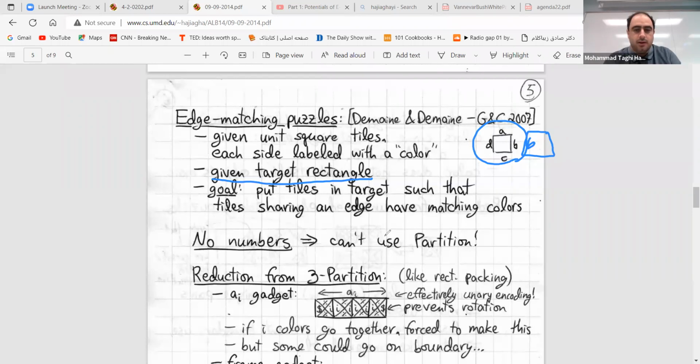Good. Now, we want to use here a reduction from 3-partition. So this problem, we have started with rectangle packing. So we try to use that one and massage it for this.